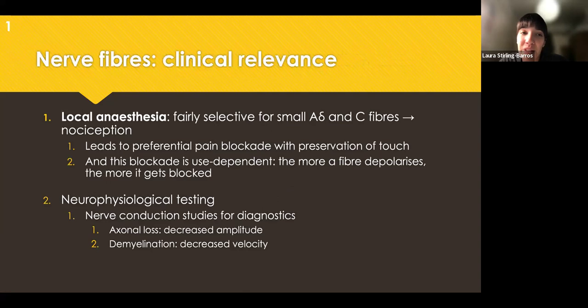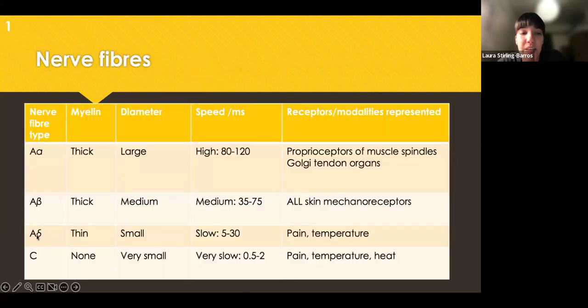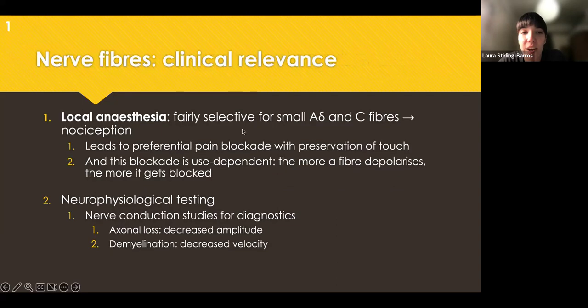So, clinical relevance. Because the C fibers and even the A delta fibers are smaller, anesthetics usually act more selectively on these, and it can preserve touch. So for example, in a surgery, the surgeon might say, oh, you might feel some tugging and pulling, but it shouldn't hurt.